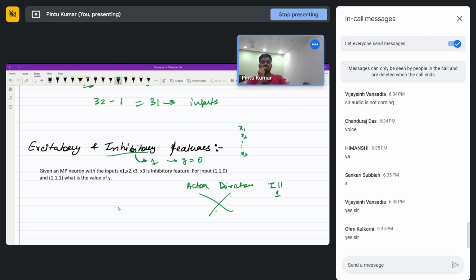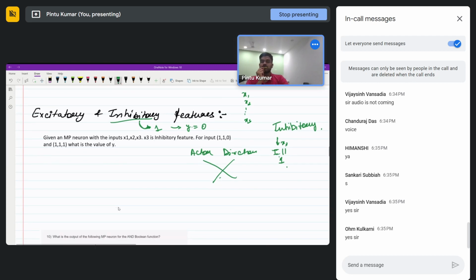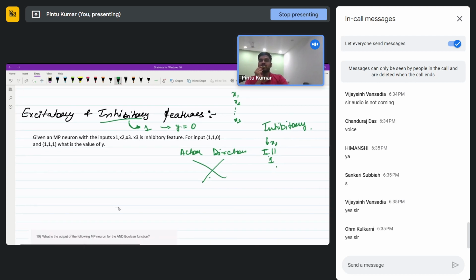So this feature x3, whether you are ill or not, becomes an inhibitory feature. If your inhibitory feature is 1, then no matter what other values are, you will always get y equal to 0. Okay. Any doubt in this?